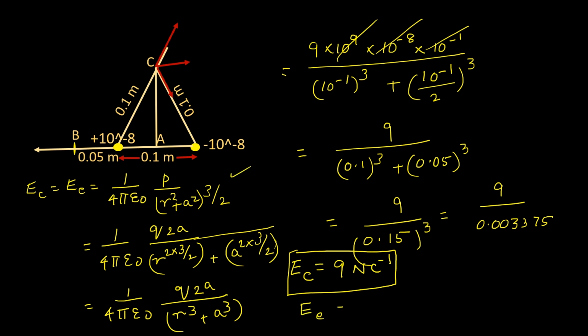Electric field at equatorial line is equal to 2Q by 4 pi epsilon naught R square plus A square into cos theta. Here the given triangle is an equilateral triangle. You find all the three sides equal. So we know that theta, this angle, is equal to 60 degrees. So cos theta becomes cos 60, which is equal to 1 by 2. So by following this equation also, you can get the same value.